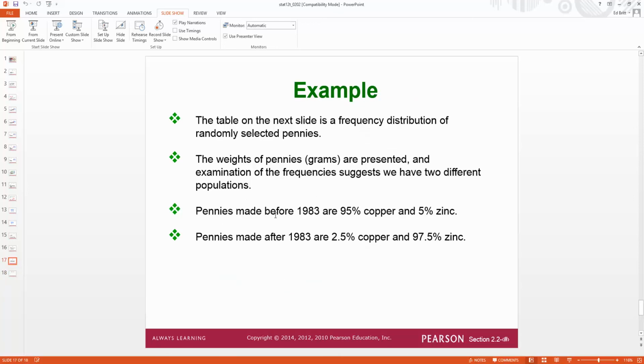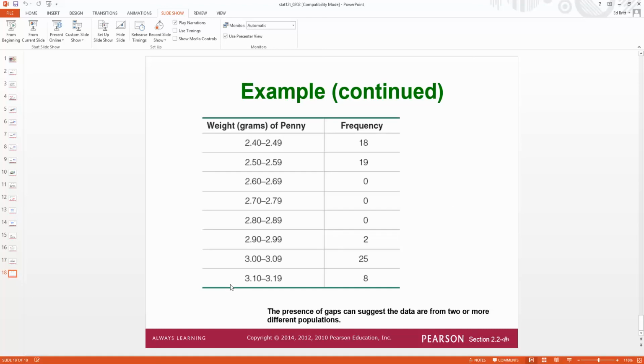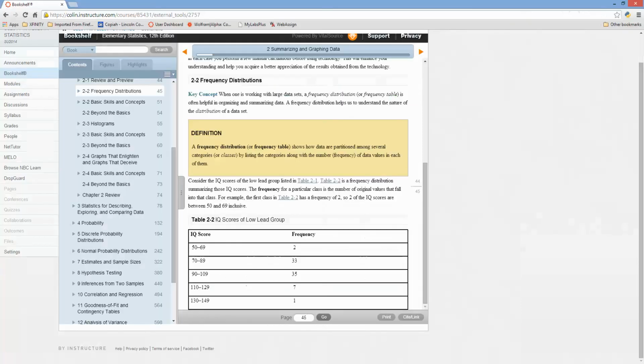It says pennies made before 1983 are 95% copper and 5% zinc. Pennies made after 1983 are 2.5% copper and 97.5% zinc. So you can see a big difference there. And that finishes up section 2.2.